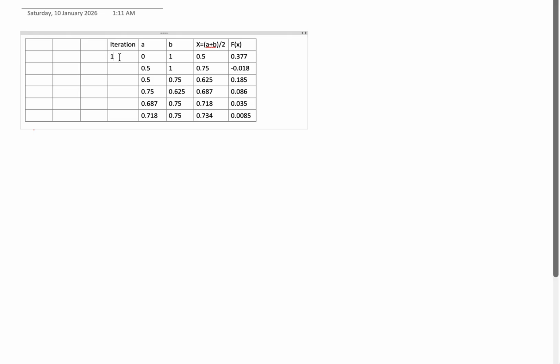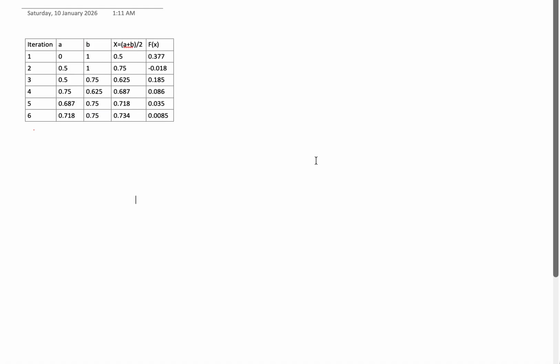Here you can write first, second, third iteration, fourth iteration, fifth iteration, sixth iteration. This is the perfect table. After then just write it. The answer will be 0.734. This is your root.